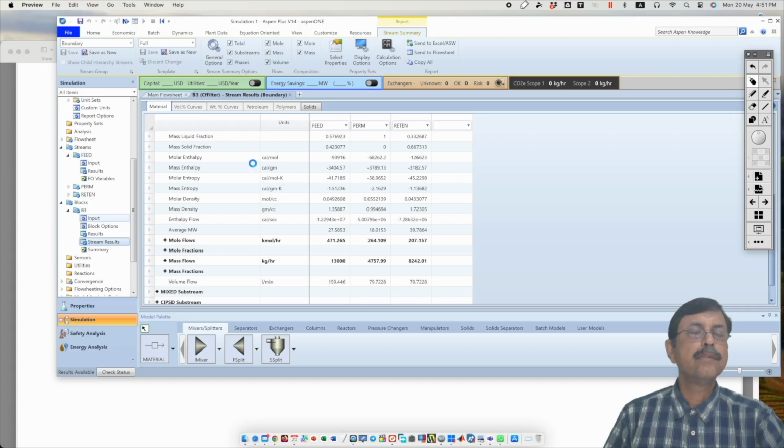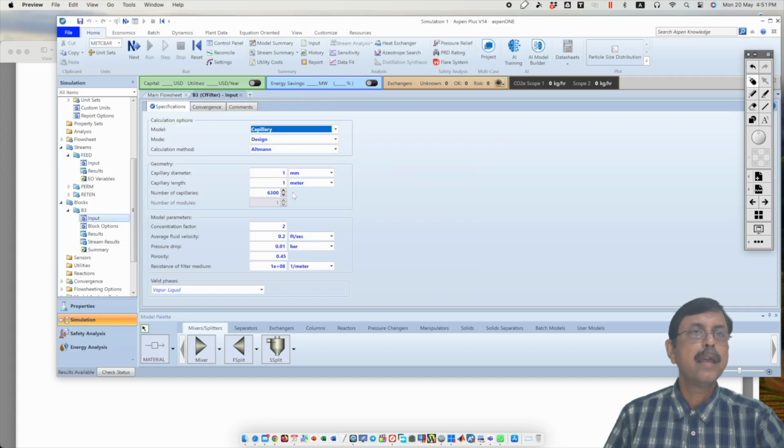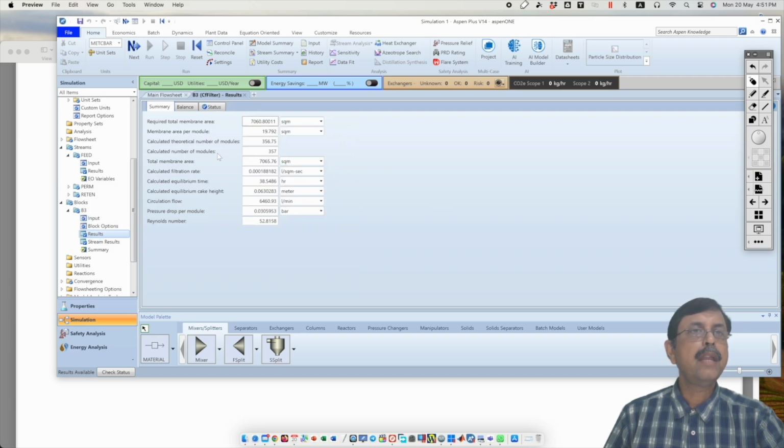Okay, so it is 2 as we have specified over here. And what are the results? We need 357 such modules. Okay, we have to arrive with 357 such modules, and total circulation flow will be this much, and pressure drop per module will be. So now see the difference.